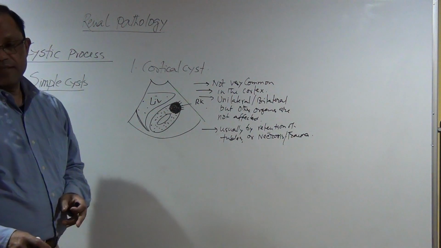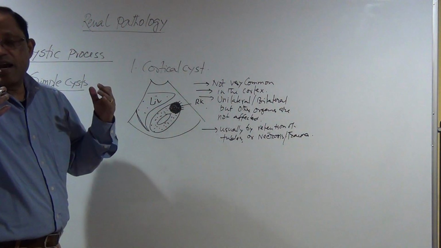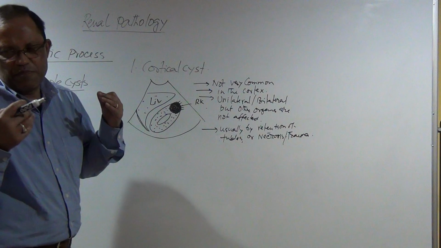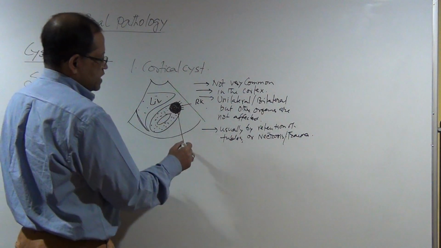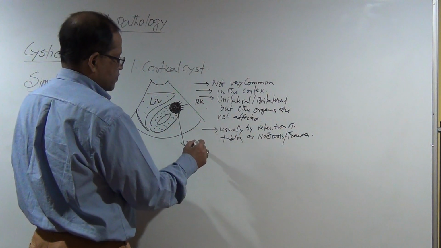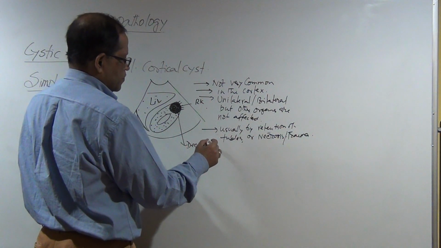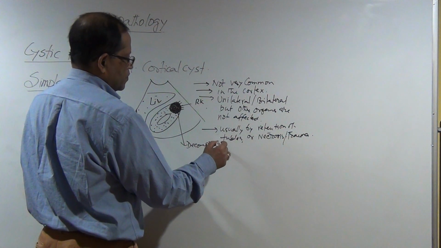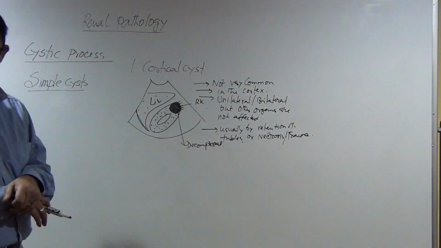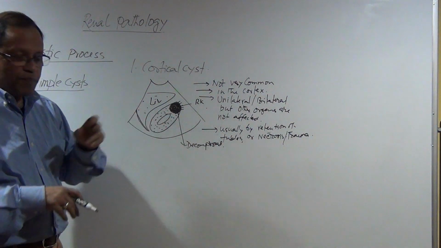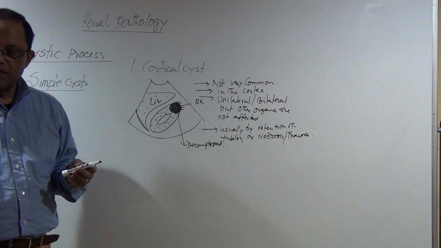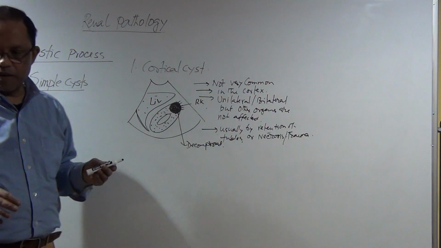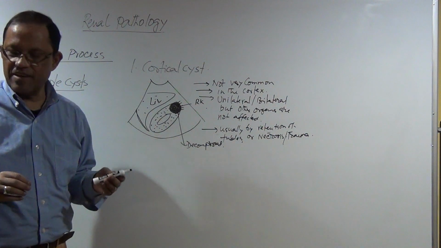If it grows bigger and creates too much pressure and pain, then it could be decompressed. If it is so big and close to the hilum, it compresses the renal pelvis, renal artery, renal vein.